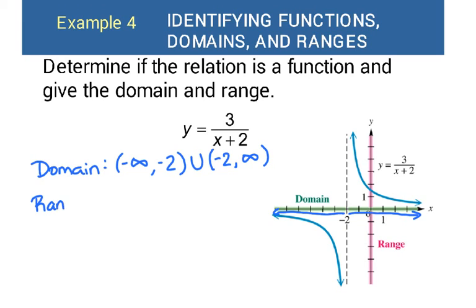Okay, the range. Again, our range here, let me erase this real quick. Our range does the same thing. We have an asymptote at y equals 0.